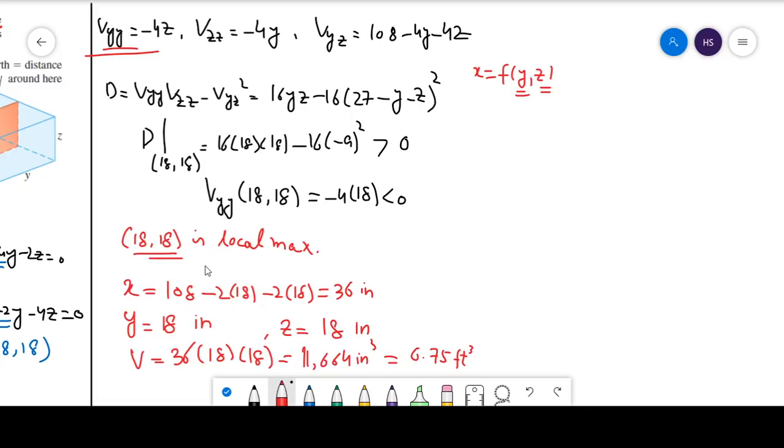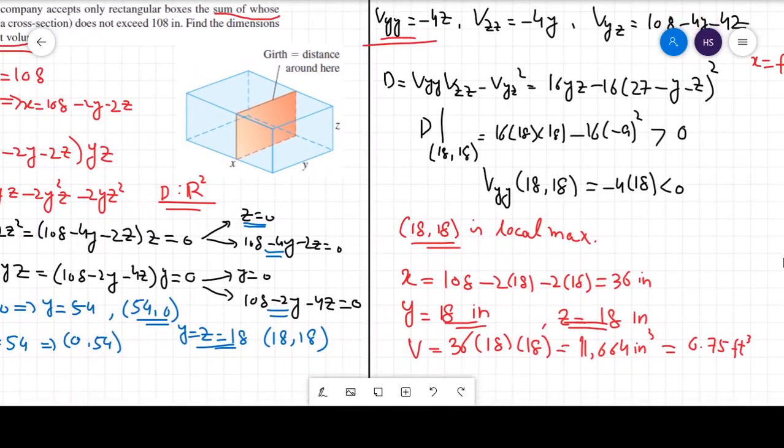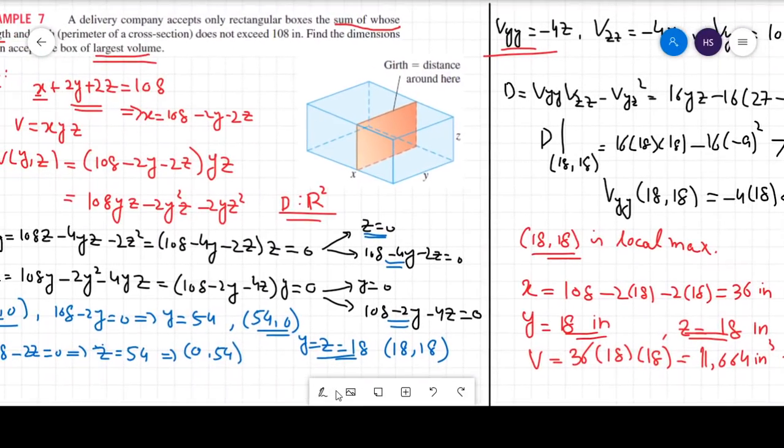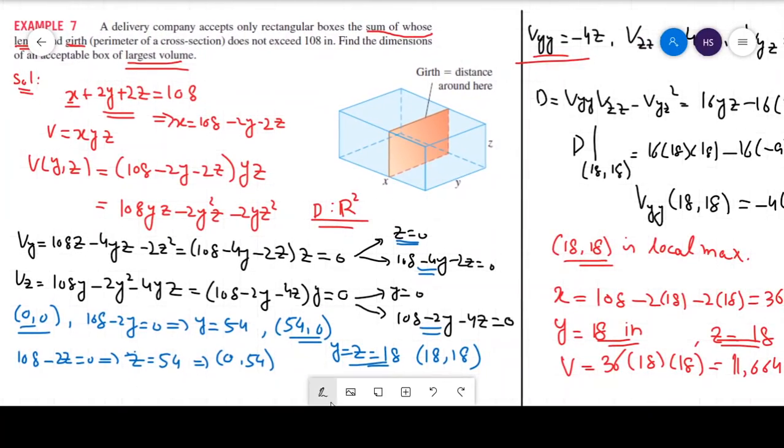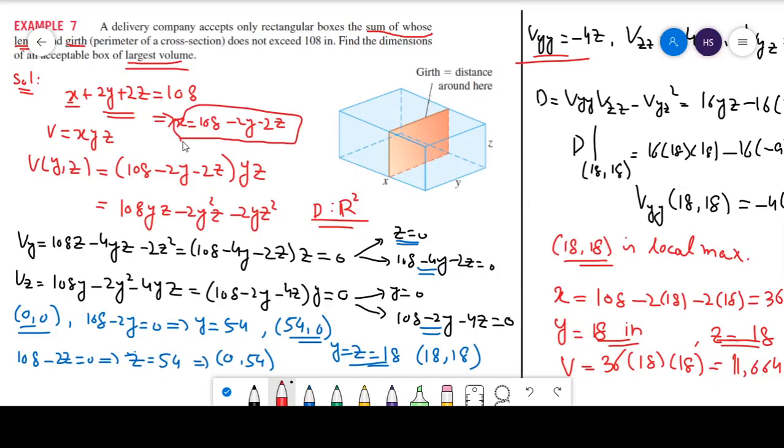So our y is 18 inch and our z is 18 inch. You can easily calculate x from this constraint, right? If you are given the values of y and z, you can easily calculate the value of x.